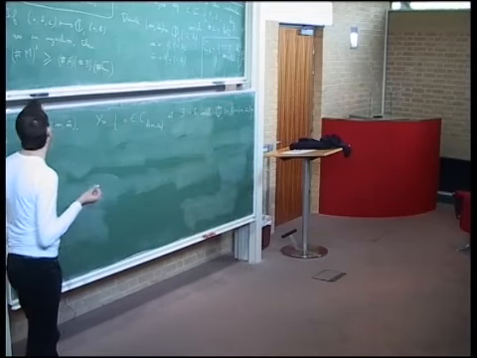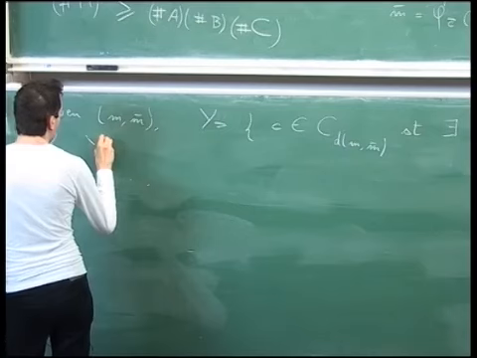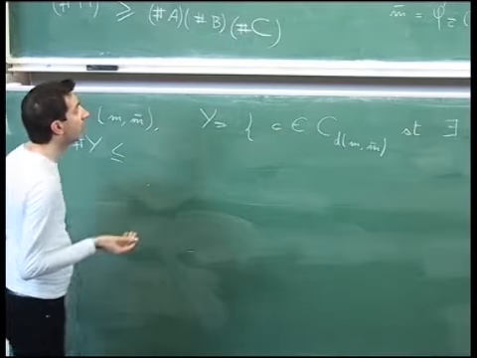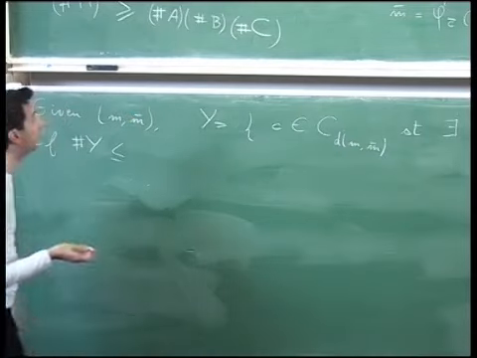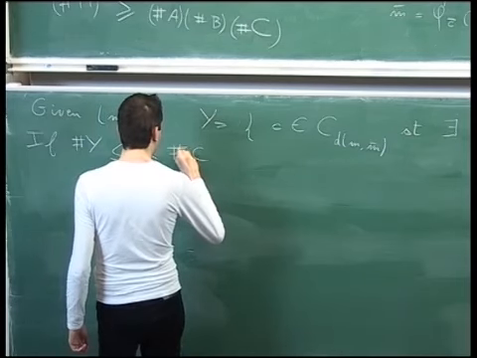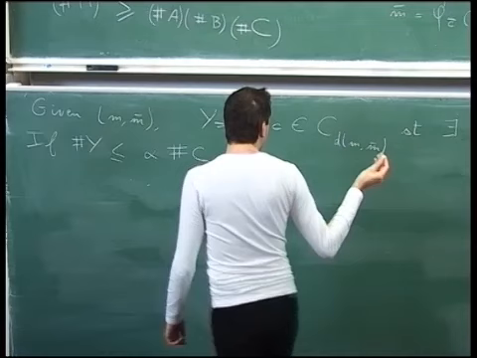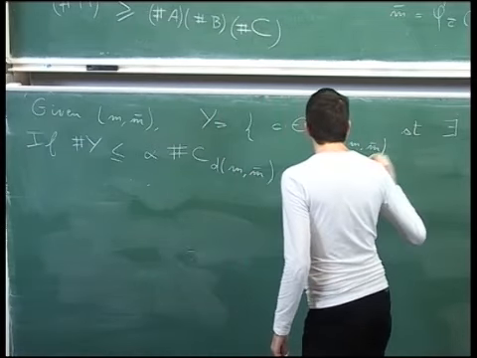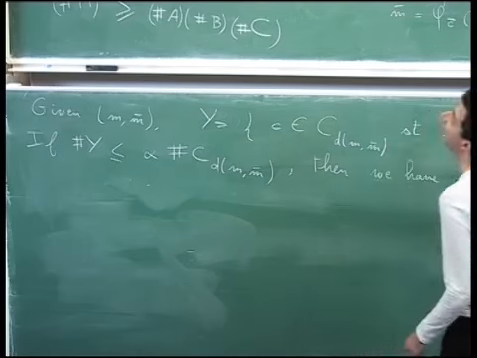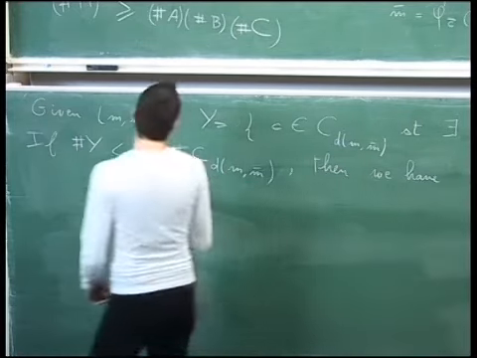Now, if you can prove that the number of points in Y is smaller than a fraction of the number of codes C that you use, then you have the inequality we want up to a correction factor of alpha.